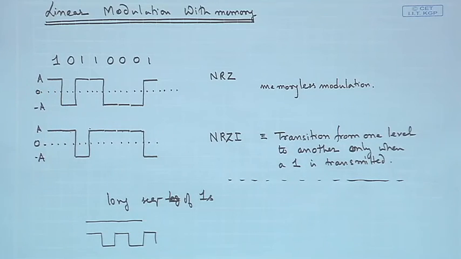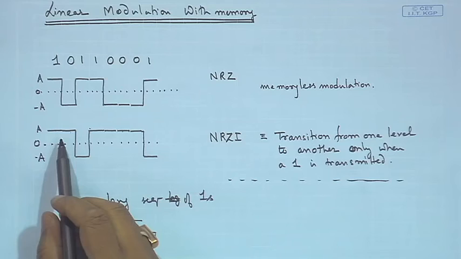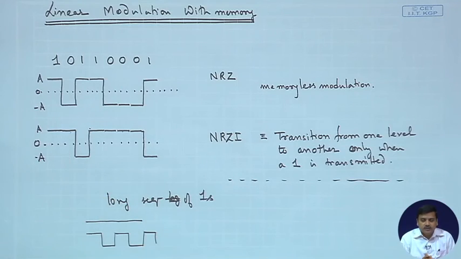Now, why is this important? The reason is, just imagine the receiver. The receiver needs to detect the signal in the interval 0 to capital T, which is the symbol duration. Here the bit duration and symbol duration are the same. So, the question is, how does the receiver know about T?